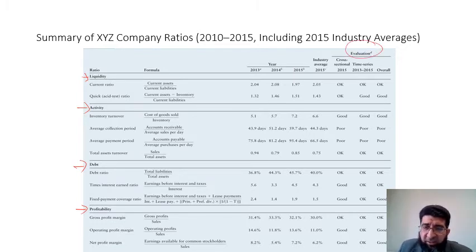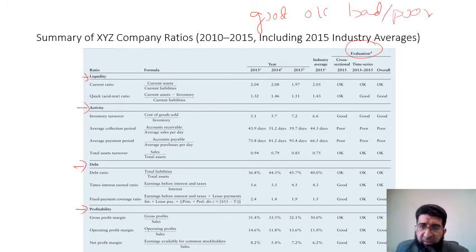This is not a standard evaluation. You can do your own. So we divide into 3-4 things. We can say the scale could be good, okay, bad, or poor. And you can divide into 5 categories also to better estimate the results or compare the results.